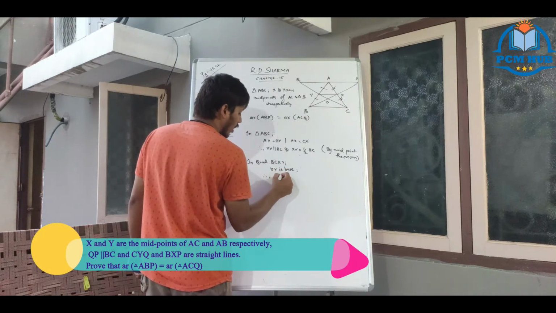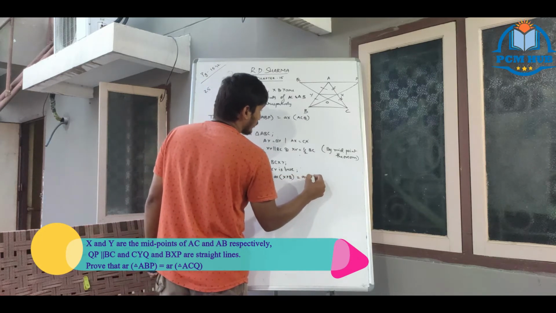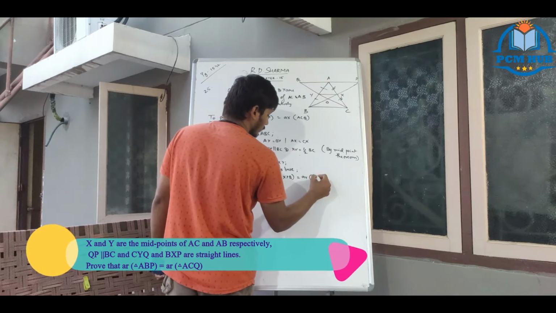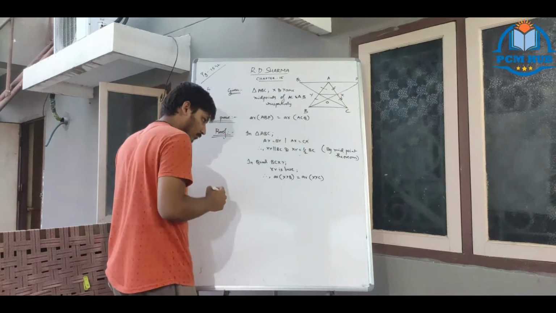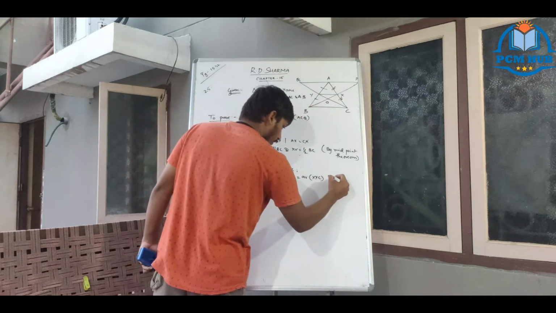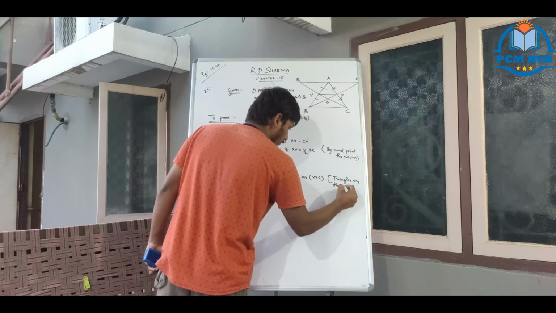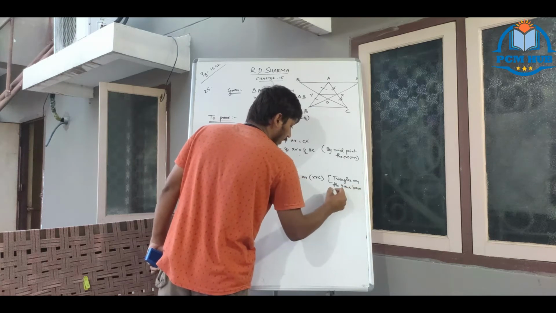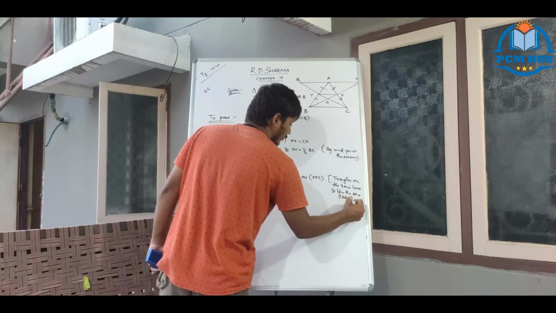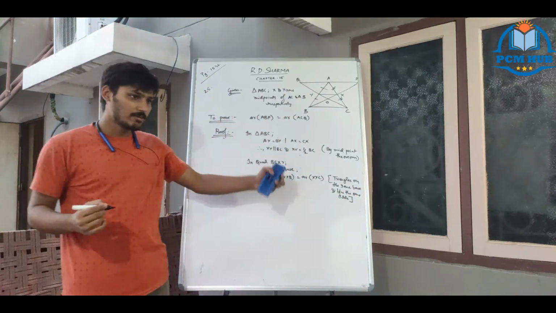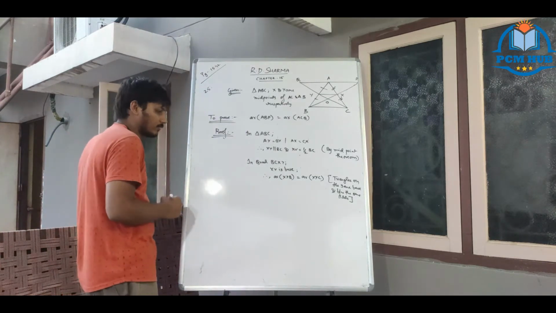Therefore, area of XYB equals area of XYC. Why? Triangles on the same base and between the same parallels have equal area. This is the second theorem in our areas of parallelograms chapter.